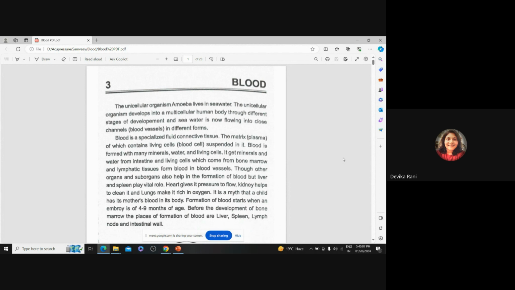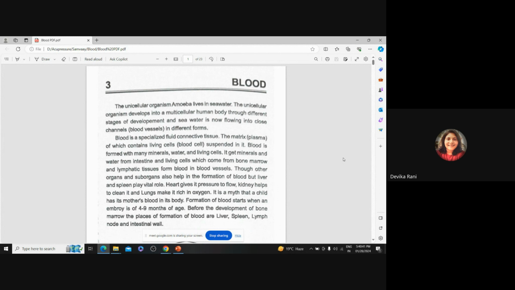But how will that happen? There needs to be a medium to do so, right? This medium is blood, which will ensure, as it travels across the body, that all the cells get the required components, the nutrition, the oxygen, and whatever they require to function at the optimum level. So its role is very, very important.